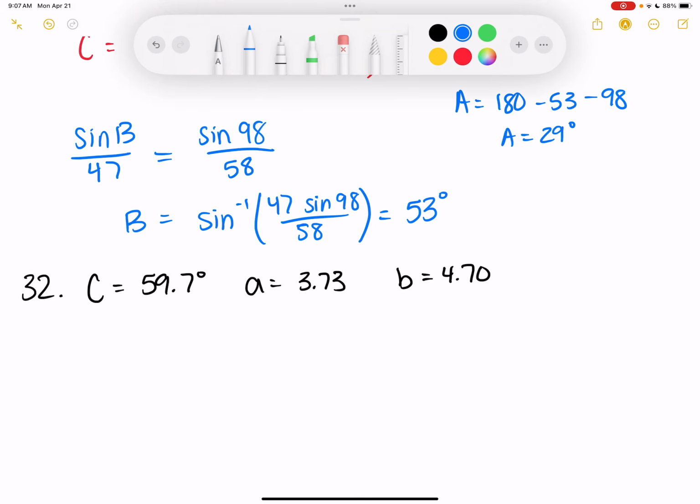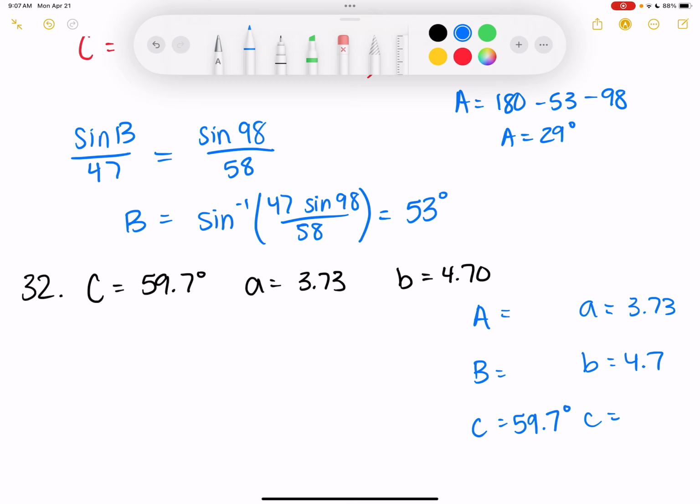So I'm going to set this up. So I've got to solve for side C first. It's the only thing I can solve for.